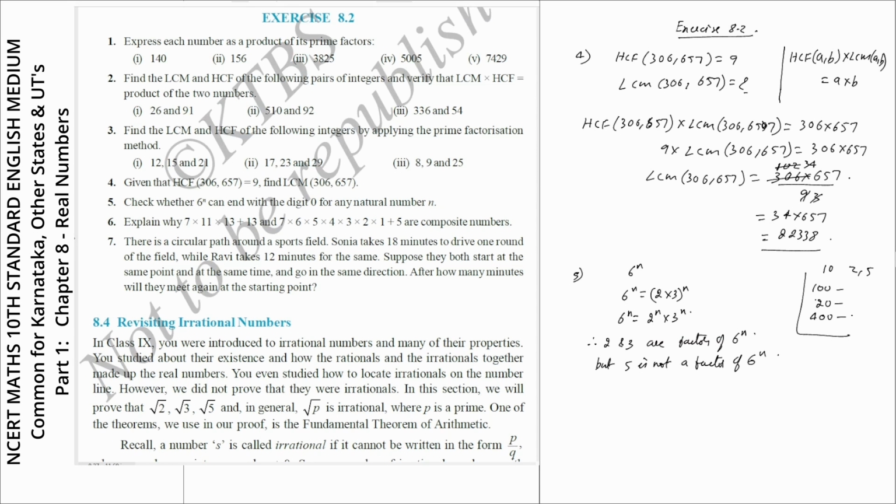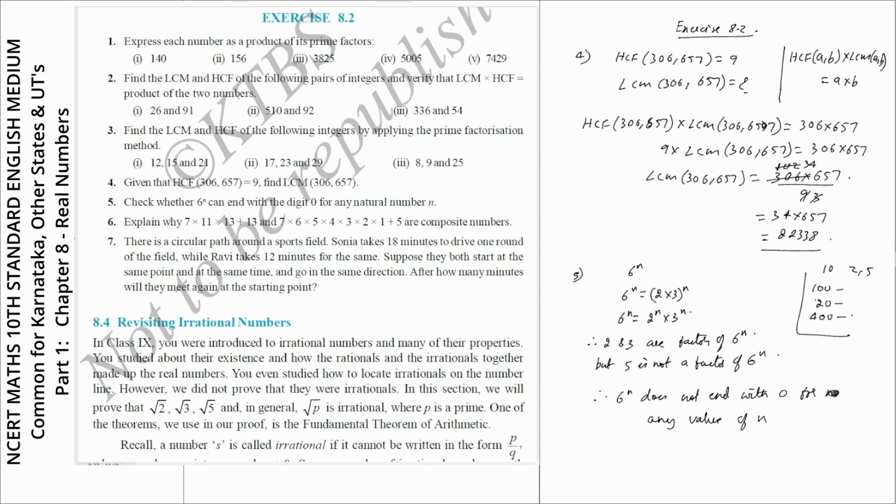Therefore we can conclude that 6 to the power of n does not end with 0 for any value of n. No matter what the value of n, 6 to the power of n does not end with 0.